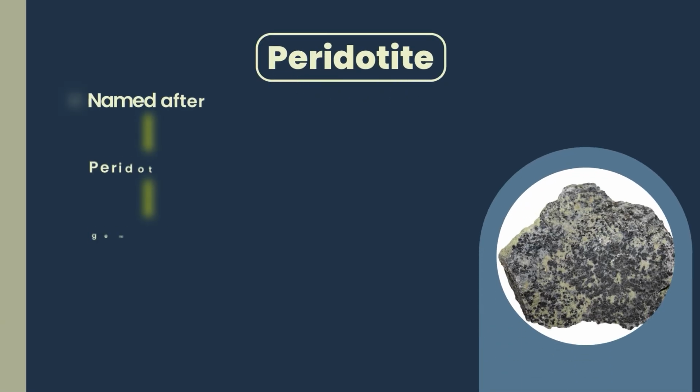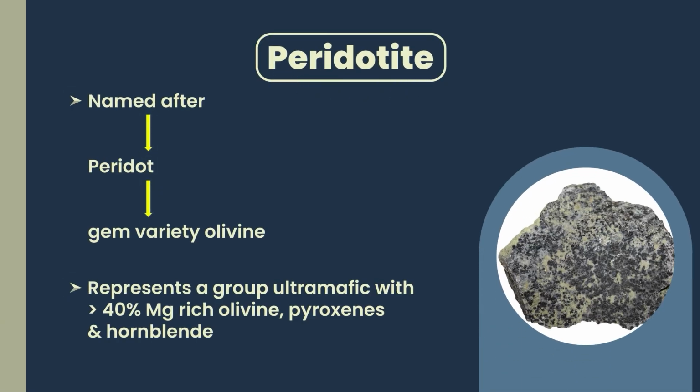Peridotite is a common variety of ultramafic rock, even though all the ultramafic rocks in general are very rare, but peridotite is comparatively the more abundant variety of ultramafic rock. It is named after the gem variety of olivine, which is peridot.